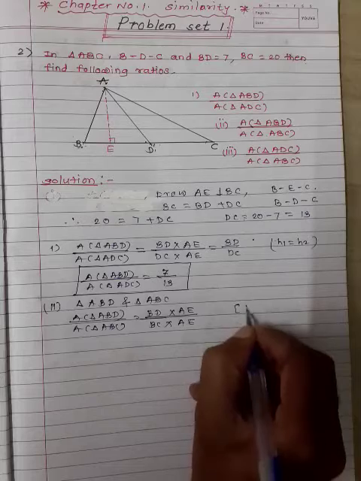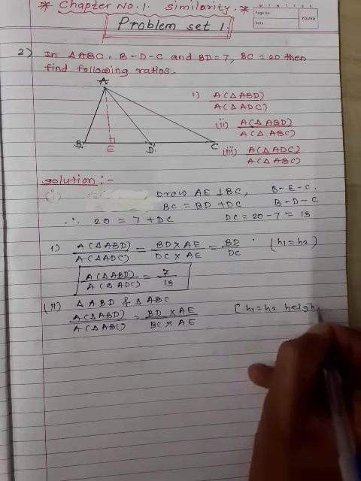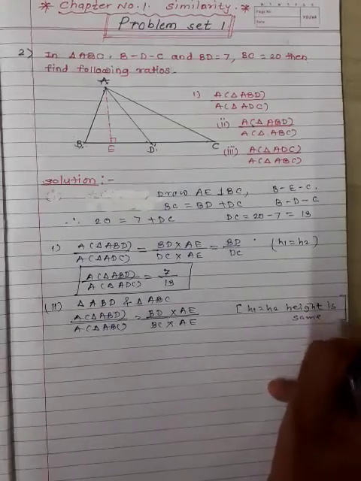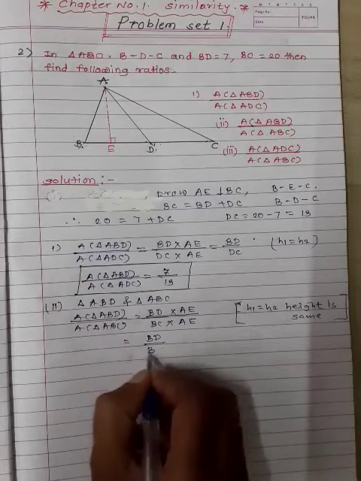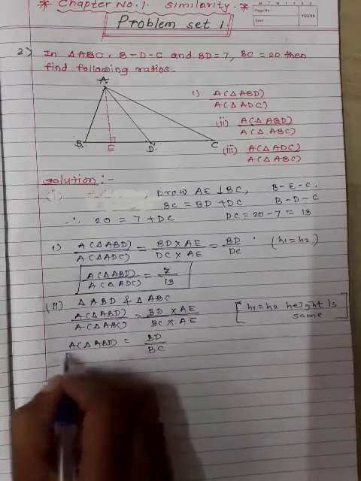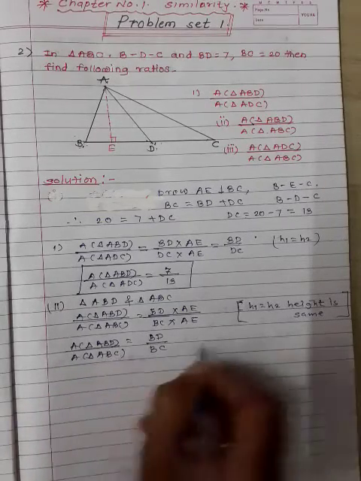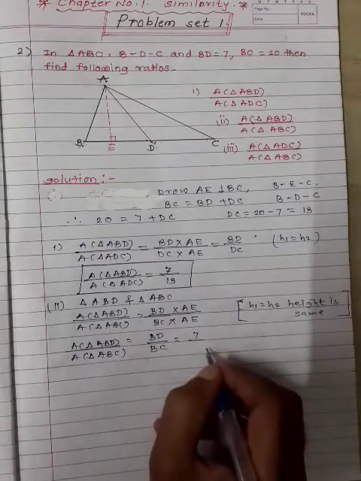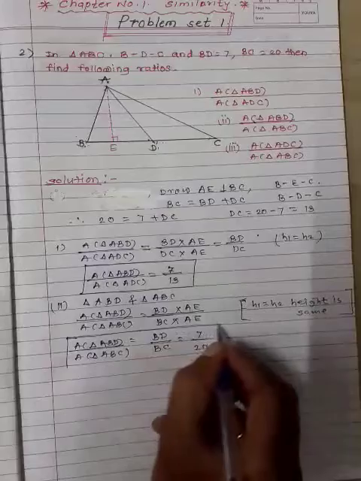Reason, H1 is equal to H2, the height is the same. So it is equal to BD upon BC. Area of triangle ABD upon area of triangle ABC is equal to BD, which is 7, and BC is 20. This is the second answer.